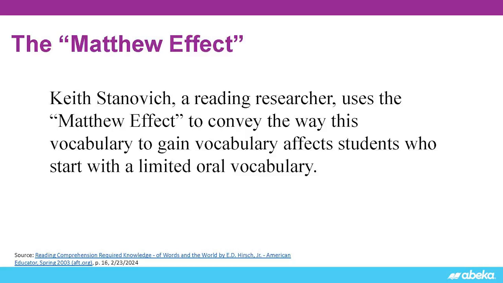Now, you can't over apply this metaphor, if you will, but the concept that he's using it to convey is that if you have much, like the servant who had 5 and doubled it to 10, the servant who had 1 and didn't do anything with it had his 1 talent taken away and given to the servant who at that point had 10, which meant from the one who had the most, he gained even more. That's the point that Keith Stanovich was trying to make by calling this the Matthew effect.